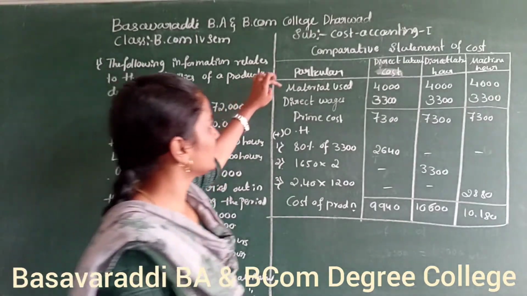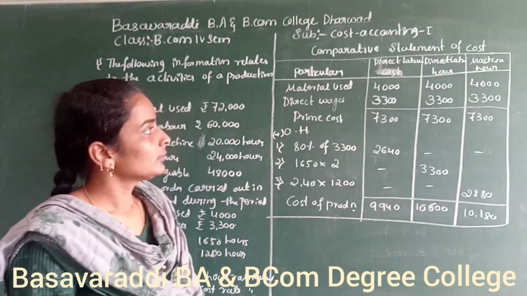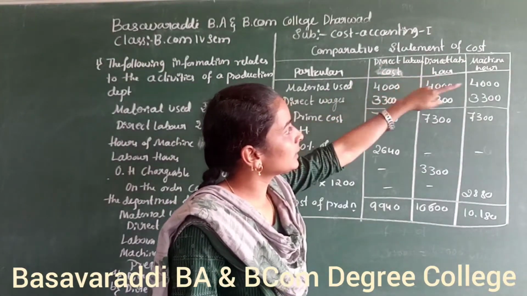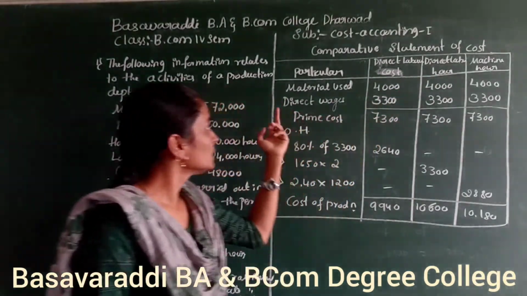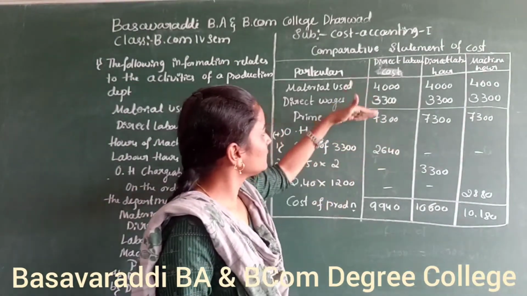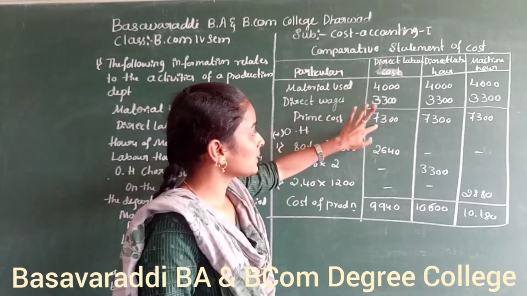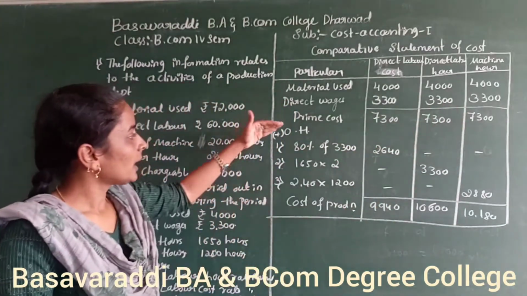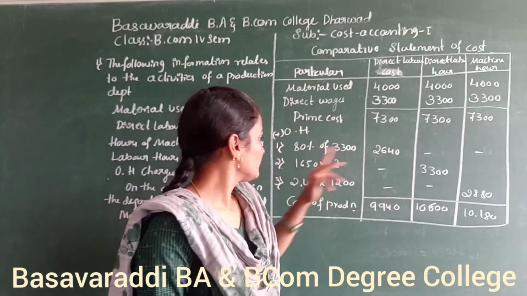Here direct material is given and direct wages are given. We have to add these two: 4,000 and 3,300 for direct labor hour, direct labor cost and machine hour. Add these two and you will get the prime cost, 4,000 plus 3,300 is 7,300. Then add overhead: 80% of 3,300 is 2,640.